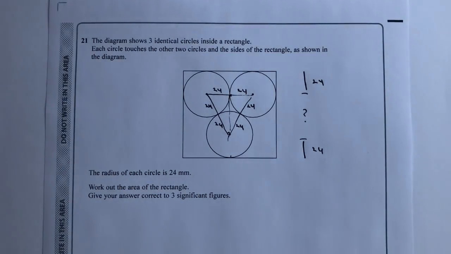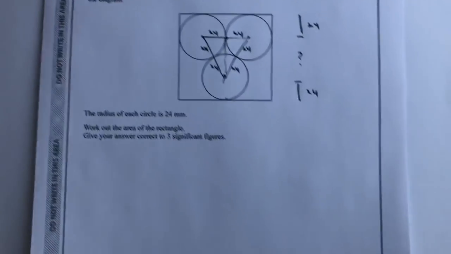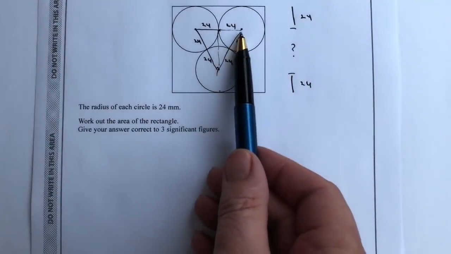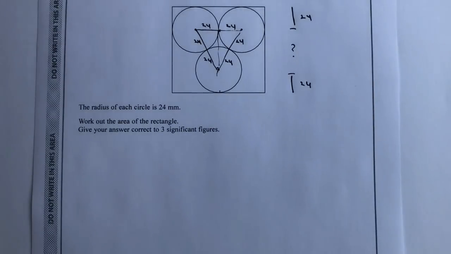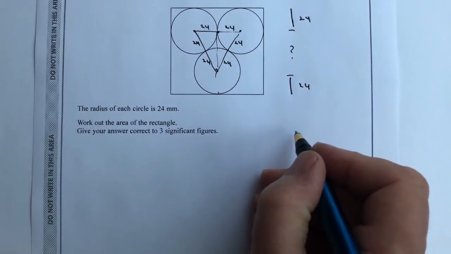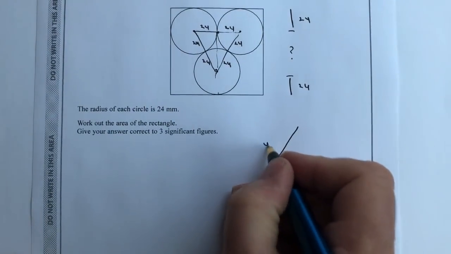That will allow me to work out the height of this particular rectangle. So I can use Pythagoras to work out this vertical height, because I know that the hypotenuse is 48.